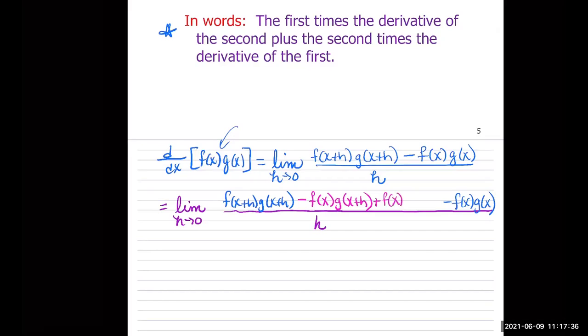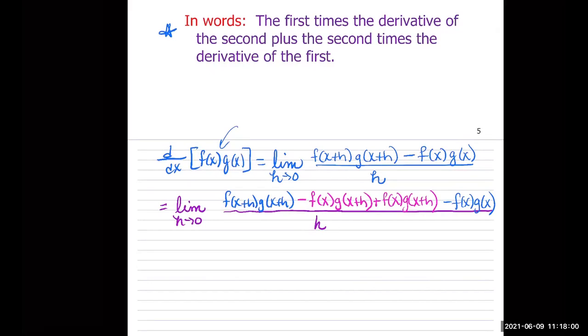So do you see I'm really just adding 0? So it's just like writing minus 3 plus 3 up there. I really haven't changed it. I just made it look different. And I know that looks a little funny, so I'm going to show you why I wanted to do that.